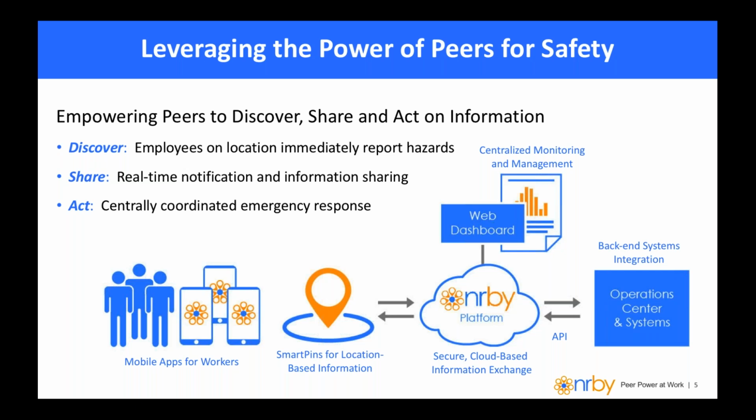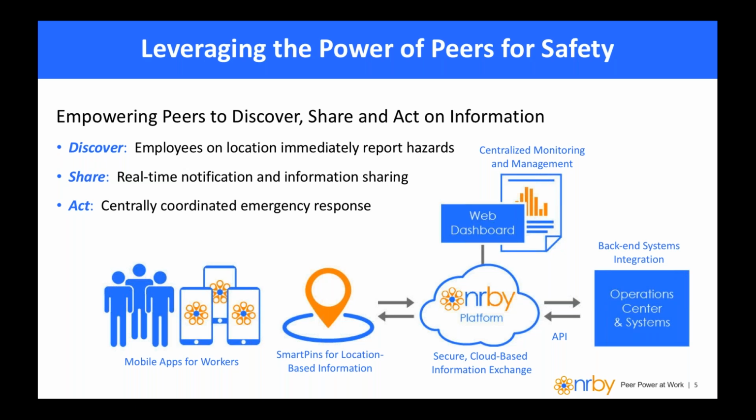So I'm going to take you through a very simple 3-slide sequence to explain discover, share, and act. And then what you also see on this slide is an illustration of the technology that we've put in place that enables all this. And it has multiple components, and I'm going to walk you through those as well.